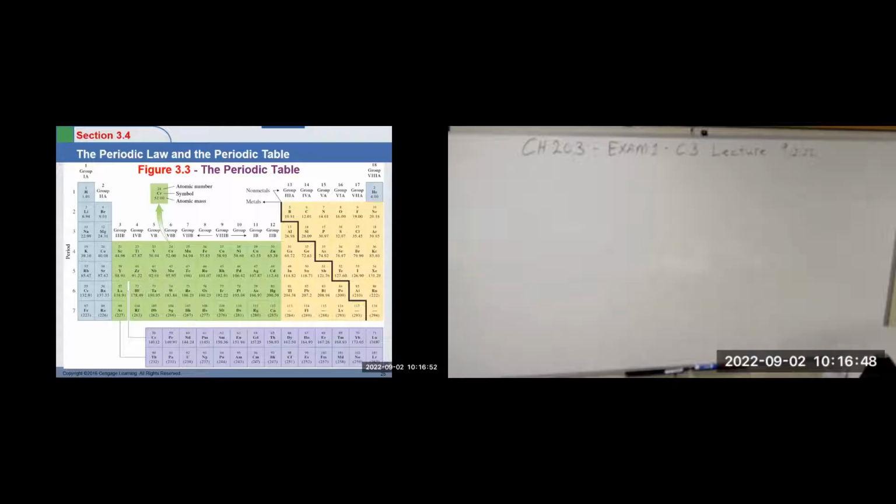So we just pull them out. So these, the lanthanides, go right in here, and these, the actinides, go right in here. Okay?